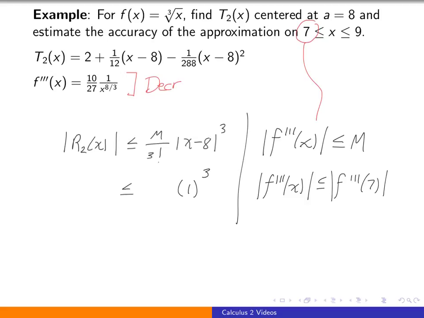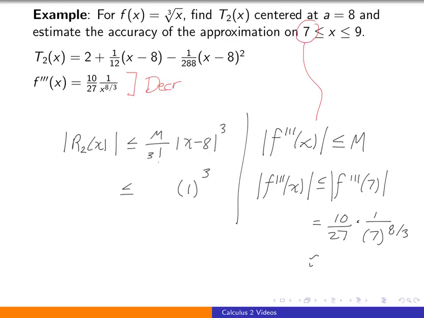So the third derivative is less than or equal to the third derivative evaluated at 7. In this case, that would be 10 over 27 multiplied by 1 over 7 raised to the 8/3 power. And it's not the most convenient quantity.